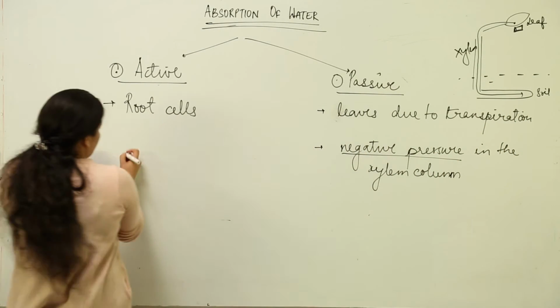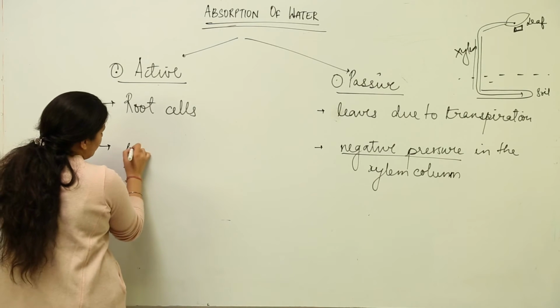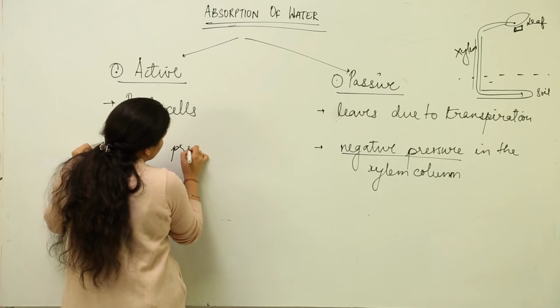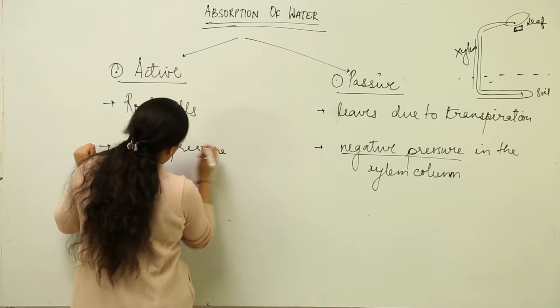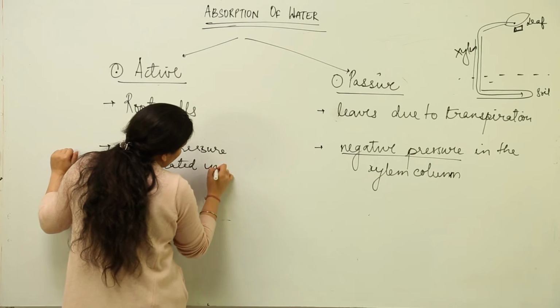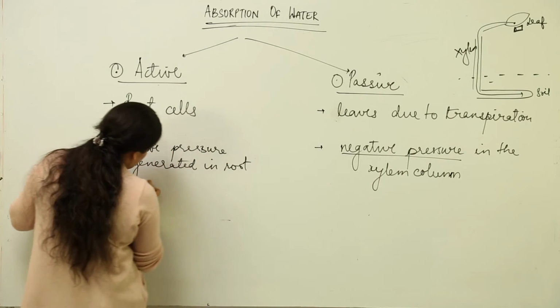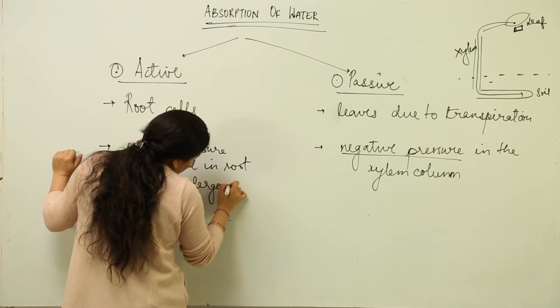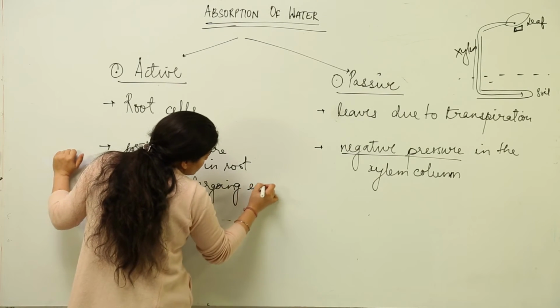Contrary to this, in active absorption, a positive pressure would be generated in root cells undergoing endosmosis.